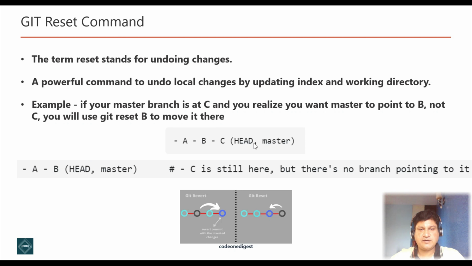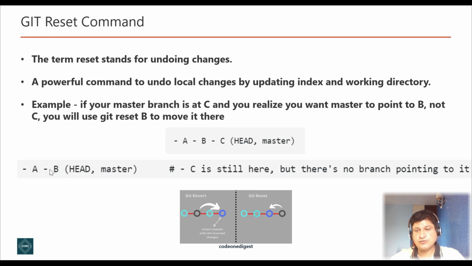After running that command, it will look like this: A and B versions, and the head of master is pointing to version B. Version C is still lying there, but no branch is pointing to it, so it is not showing up in your index.